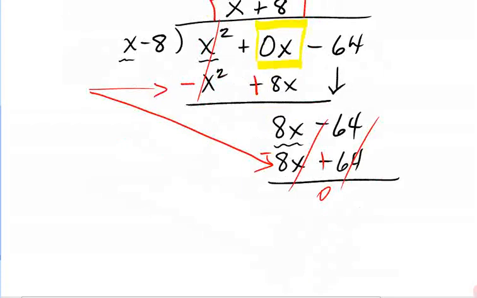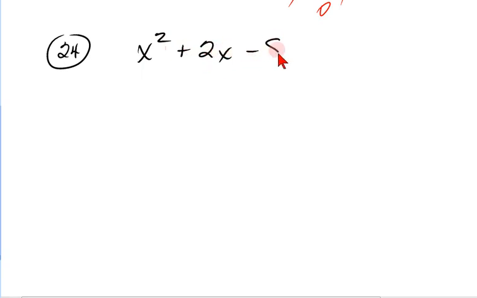The last two problems are synthetic division. So I'll copy down the problem. It has x squared plus 2x minus 80 over x minus 8. If you're going to do it synthetically, no x's show up in the problem.